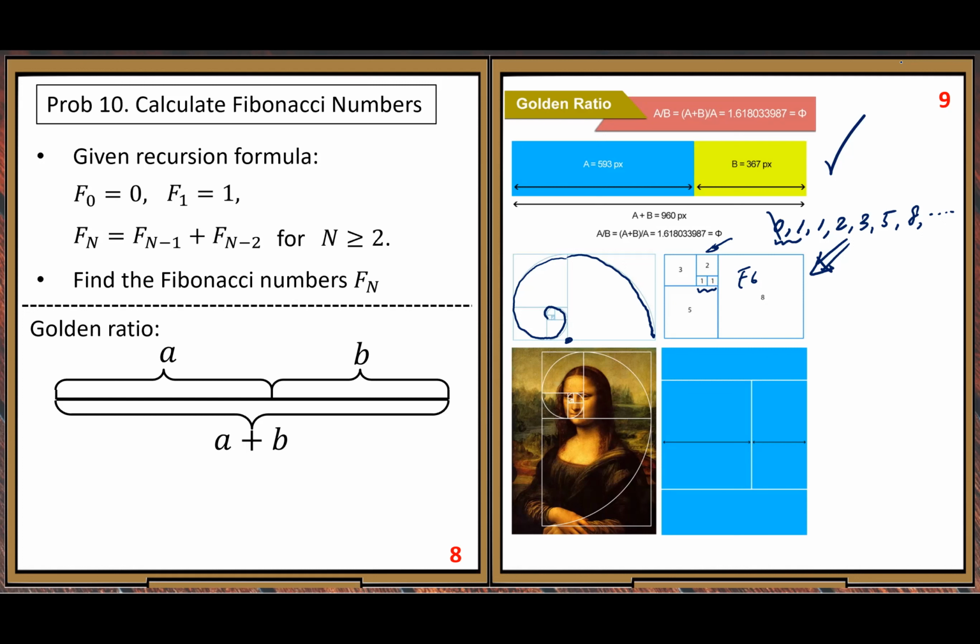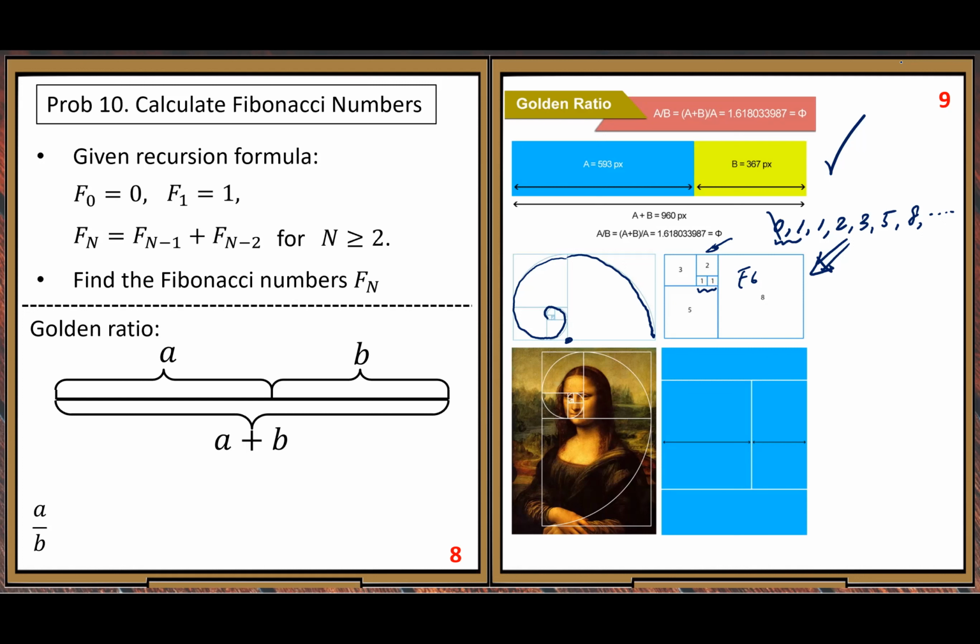Then we break it somewhere in the middle into 2 line segments, one longer, one shorter. The longer one we call A, and the shorter one we call B. Then we like to have the ratio of these line segments satisfy the following condition.